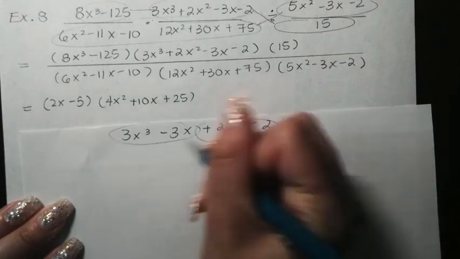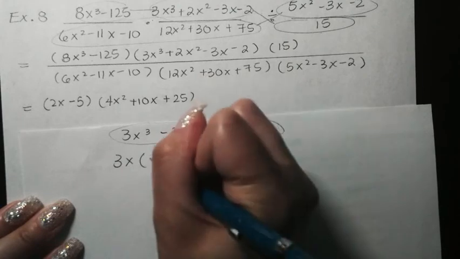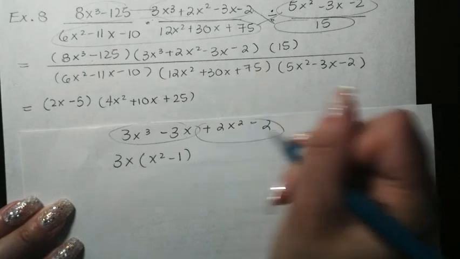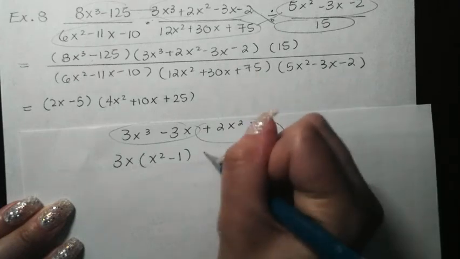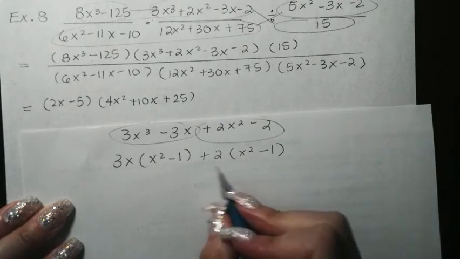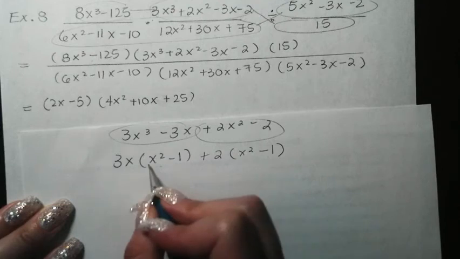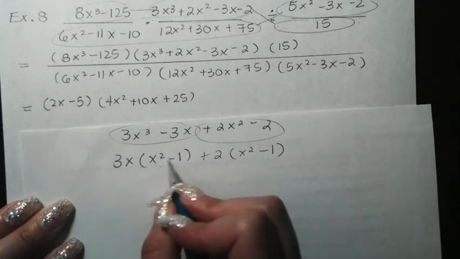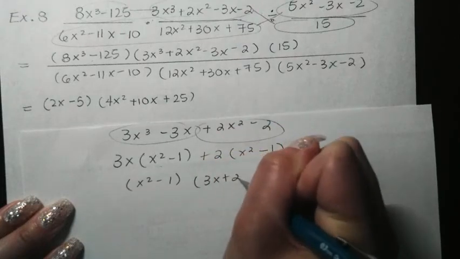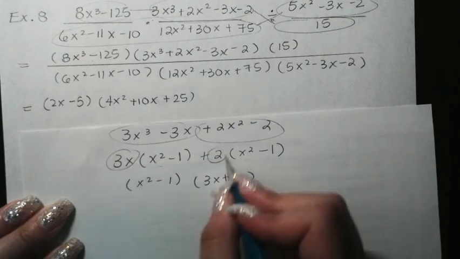I know that 3x is my common factor from these two, so you have x squared minus 1. Then in this group I have the 2 as a common factor, so I have x squared minus 1. Now I ask myself what this term has in common with this term, and the answer is x squared minus 1. So you have x squared minus 1 times 3x plus 2. If you are wondering where this 3x plus 2 comes from, it comes from this guy and this guy.